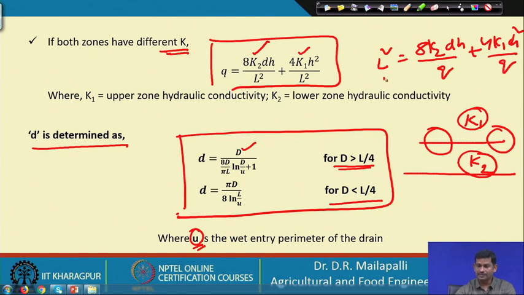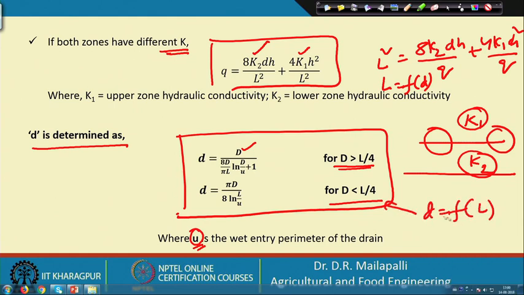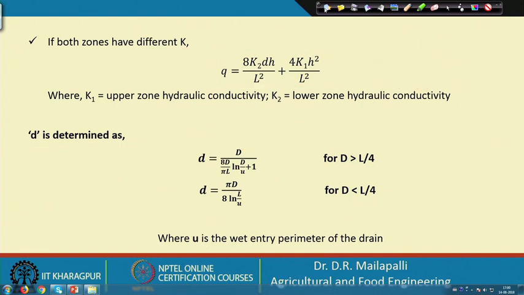So, here L is a function of d, but d is again a function of L. So, that is why this is an implicit equation. We have to use the trial and error method for calculating the drain spacing here. Okay.